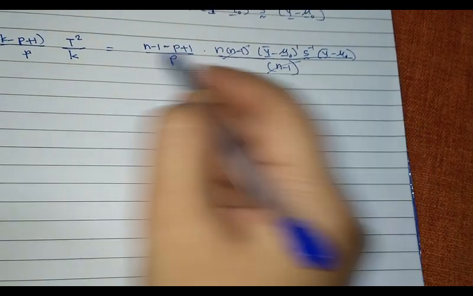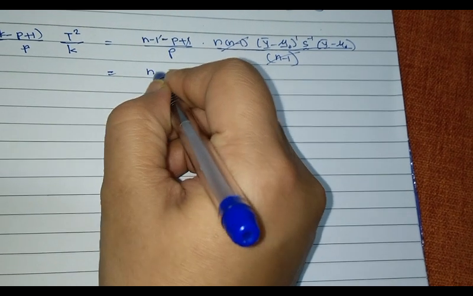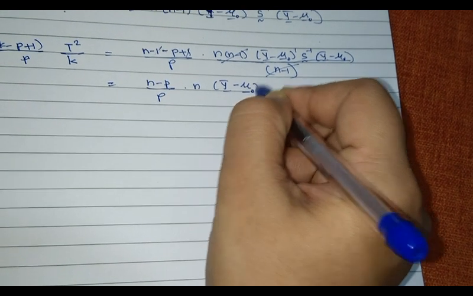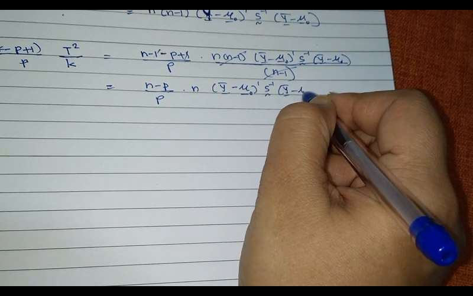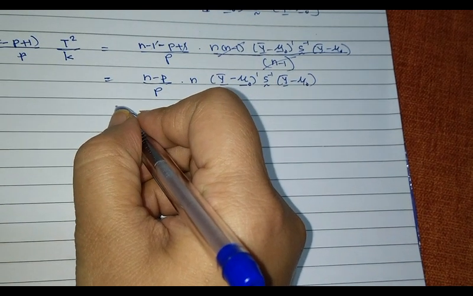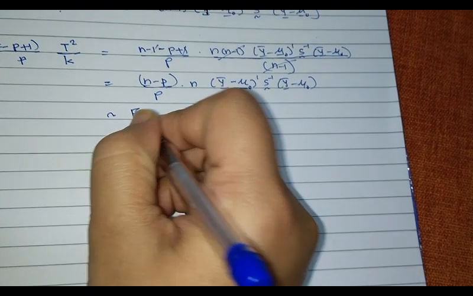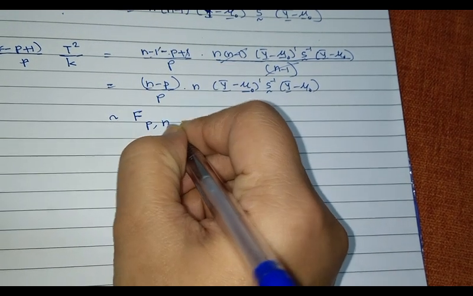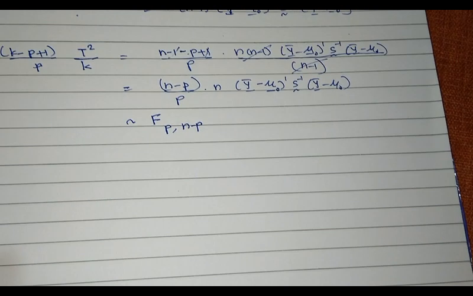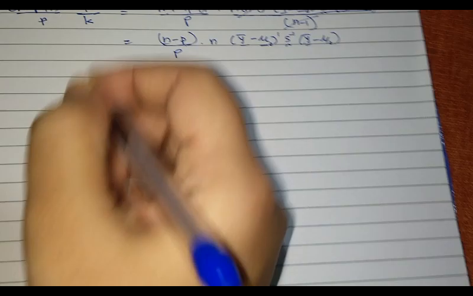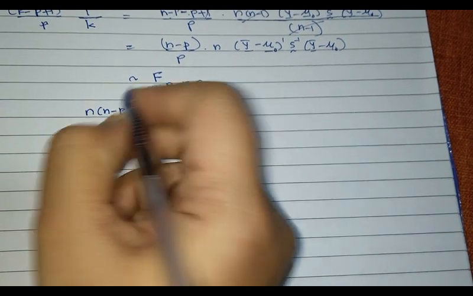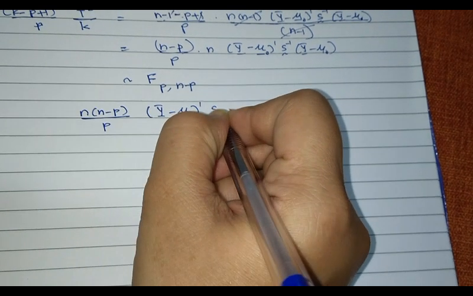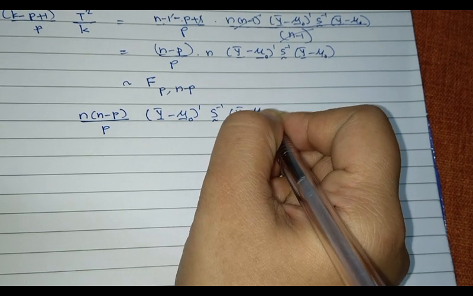Okay, so this n-1 gets cancelled, and this minus 1 plus 1 gets cancelled, so I am left with n minus P upon P into n y bar minus mu naught prime S inverse y bar minus mu naught, and we know that this follows F with P and K minus P plus 1, which is going to be n minus P. So in this scenario, I have my final test statistic and its null distribution as n into n minus P upon P, y bar minus mu naught prime S inverse y bar minus mu naught.